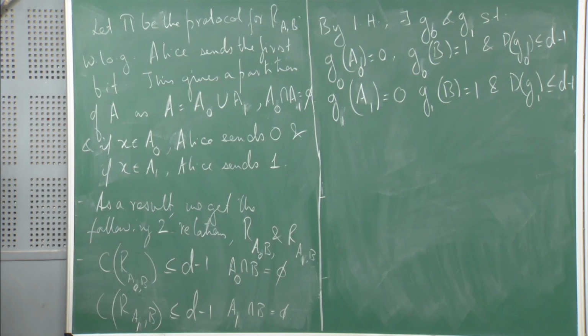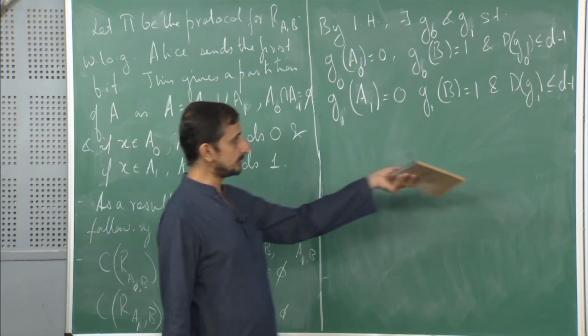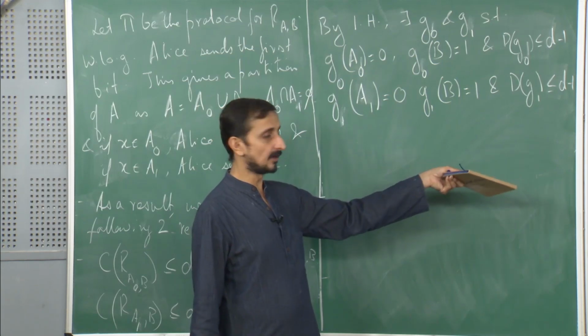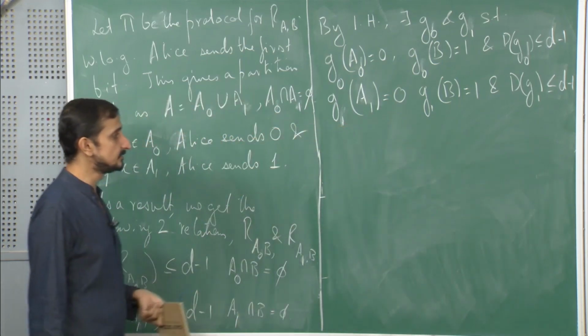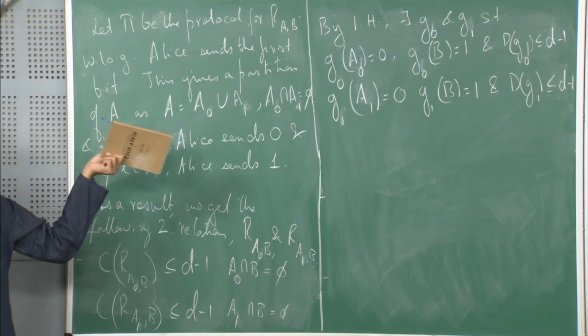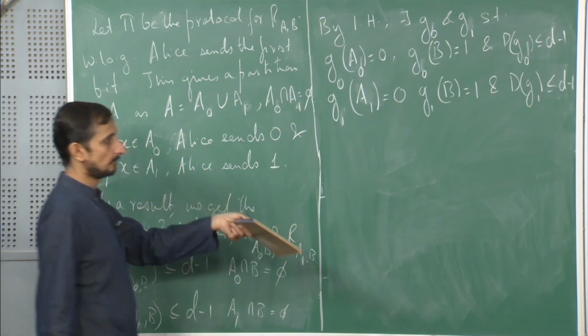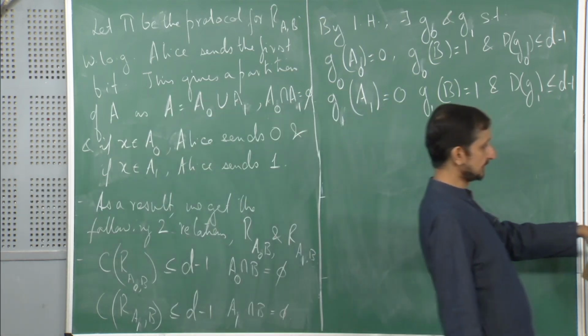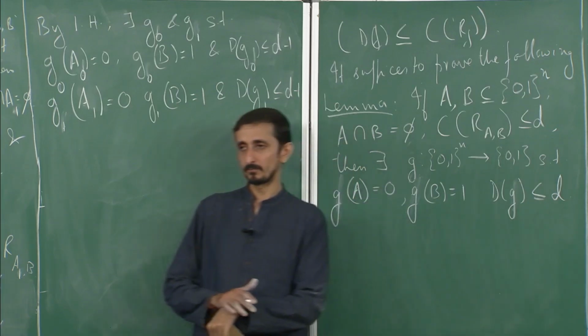Now what we have to show is that the claim is true for d now. So, using G0 and G1, how can I build a G such that depth of G is at most d?